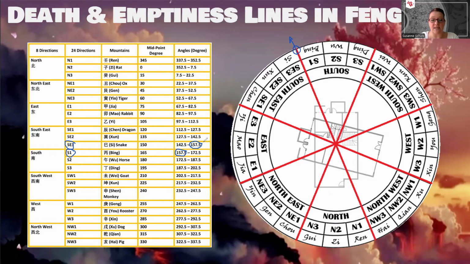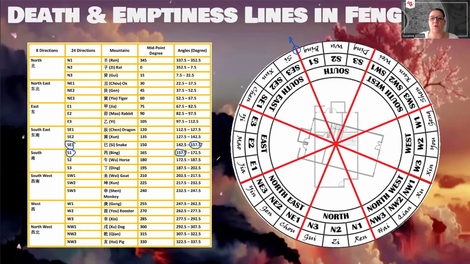So if the property is facing or falling directly onto this facing line, 157.5 degrees, then the property is facing a major death and emptiness line. Right? And this is basically just annoying because the Qi is confused. It doesn't know, does it belong to the south or does it belong to the southeast, right?